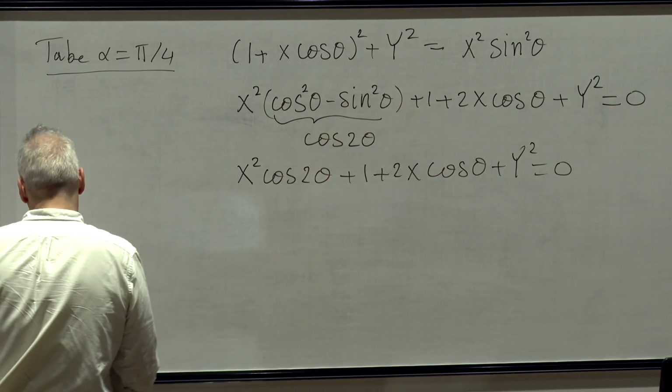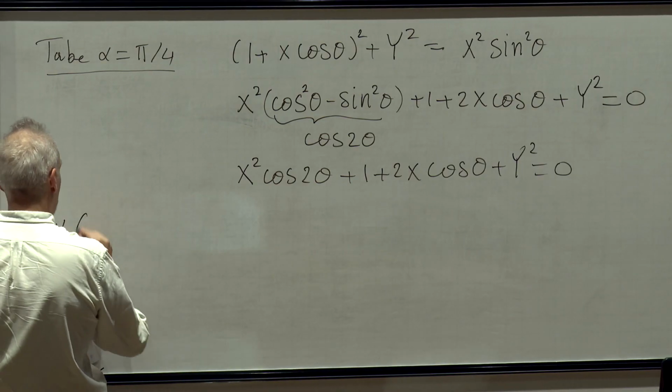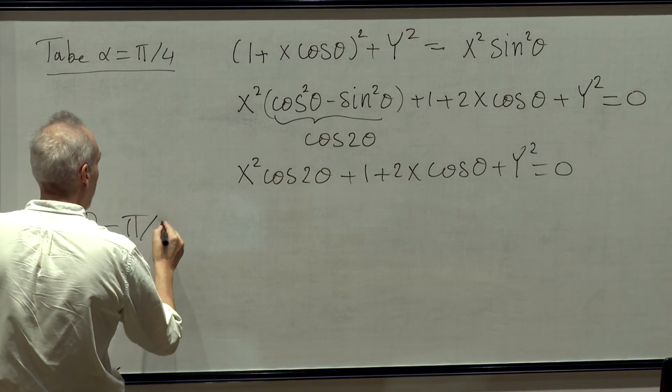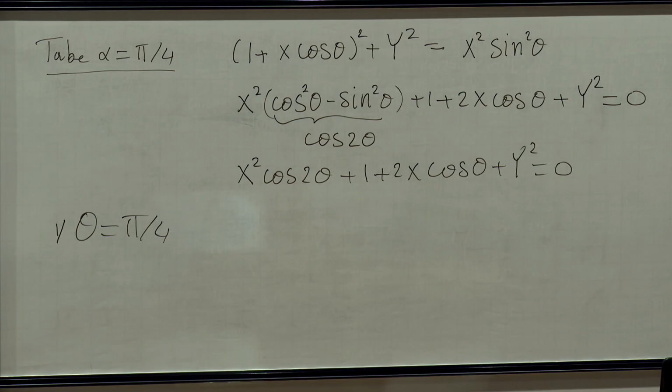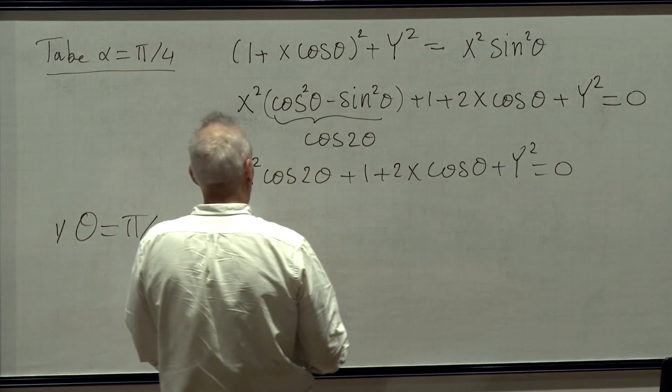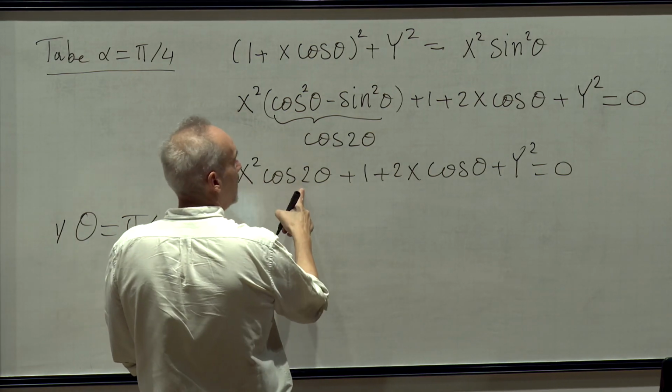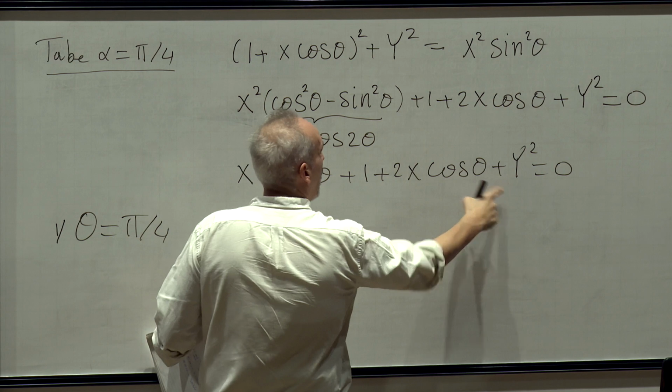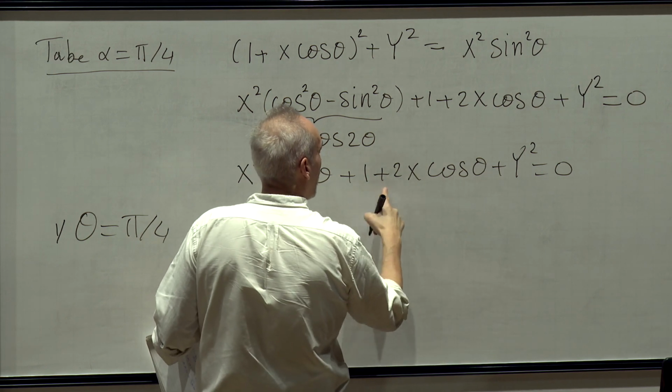We can take care right away of the special case, theta equals pi over 4, in which case theta equals alpha. And in that case, the first term disappears, and we're left with y squared plus 1 plus 2x.